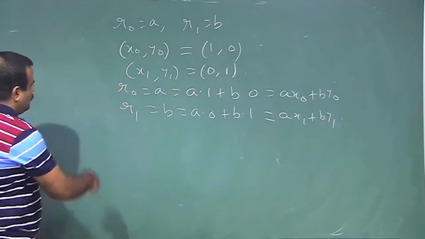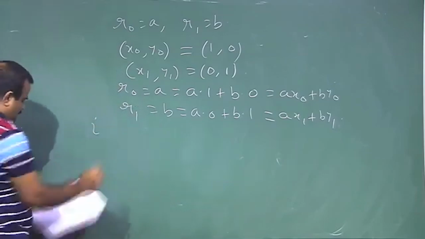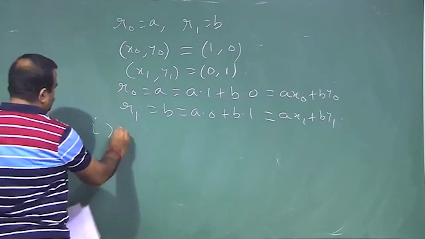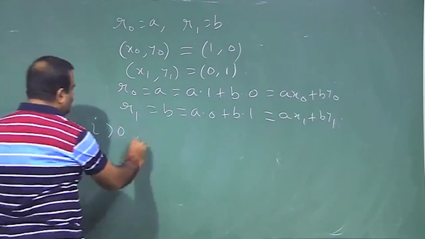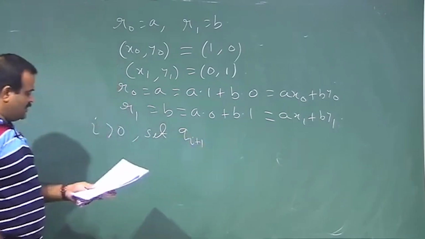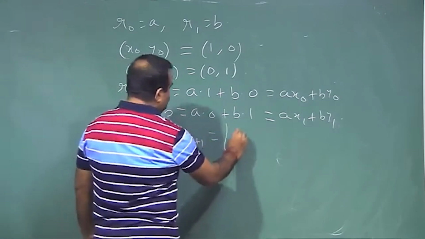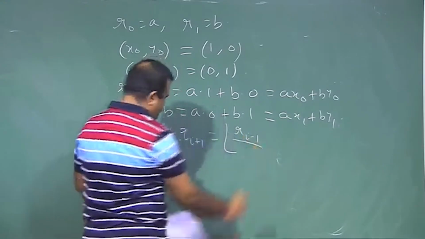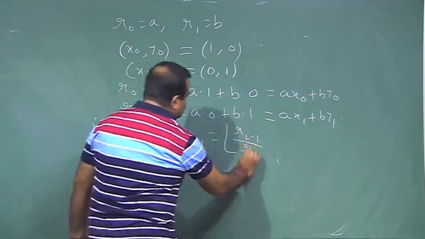Okay. And for other than 0 and 1, for i greater than 0, what do we do? We set q i plus 1, the quotient, as basically r i minus 1 divided by r i.